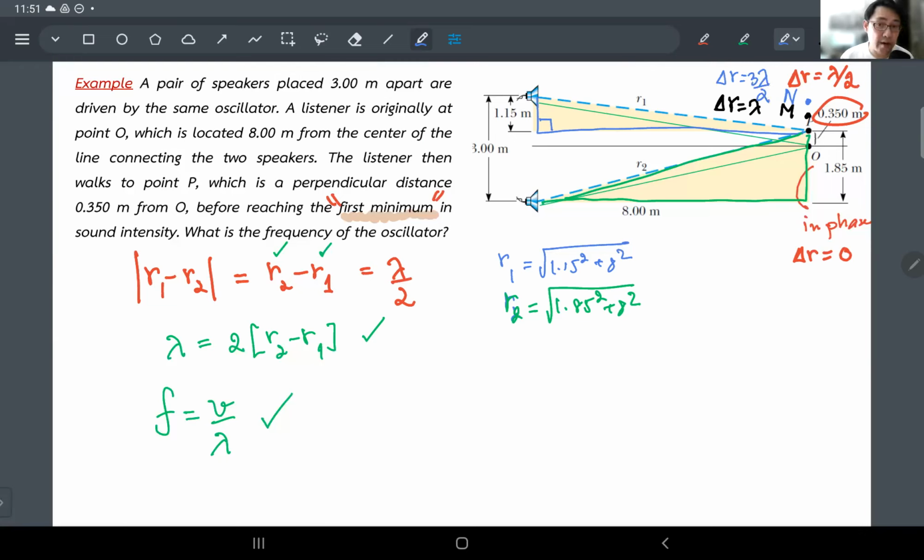You see what is going on? If you keep walking, you will see the next maximum again, then the next minimum, maximum, minimum, maximum. So if you keep walking up and up, you will see the alternation between loud sound, quiet, loud, quiet, on and on.